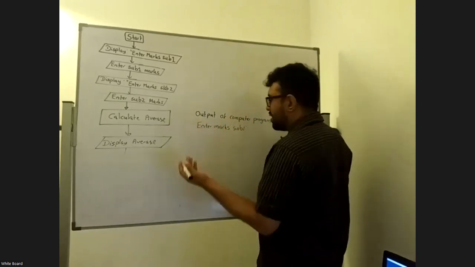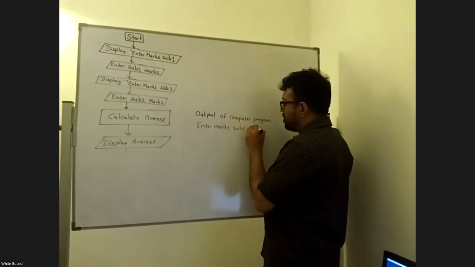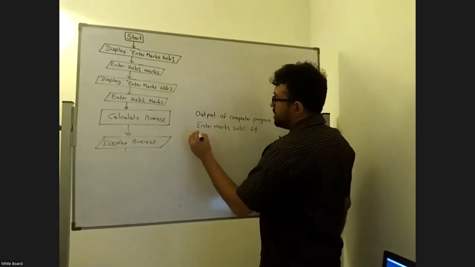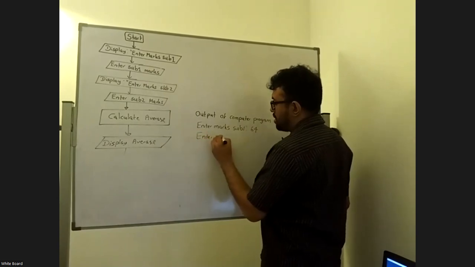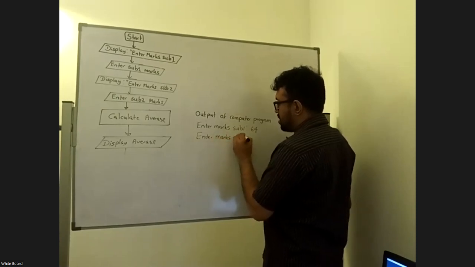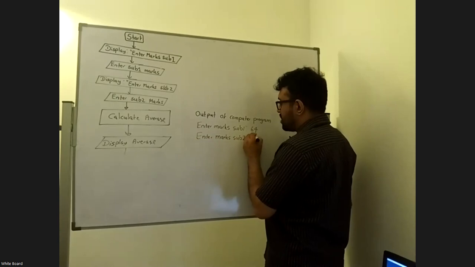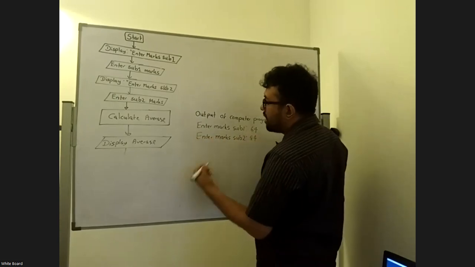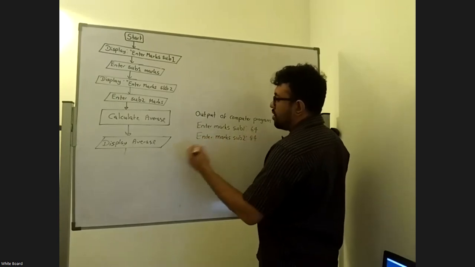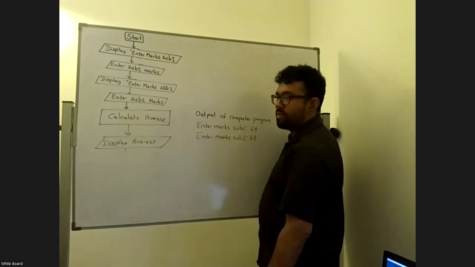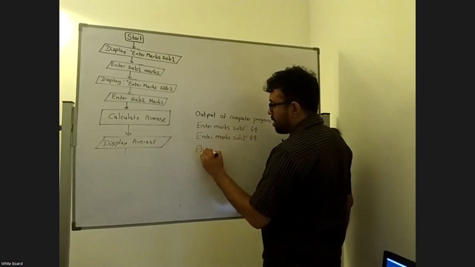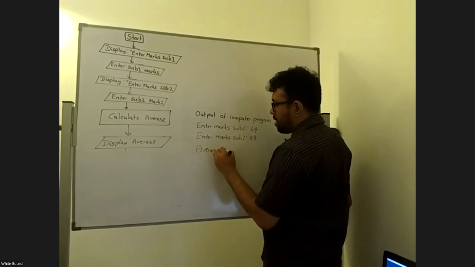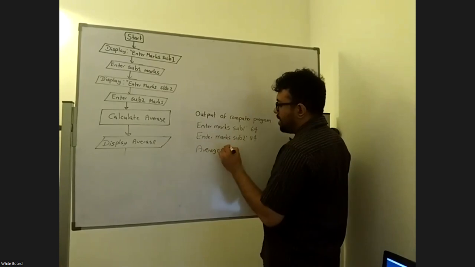So you will have to enter some marks like 64. Then next it will again display enter marks for subject two, and you enter something like 84. Then it will not display anything, as this is not an input output operation. Finally, it will display the average, by adding these two, and it will show some average here.